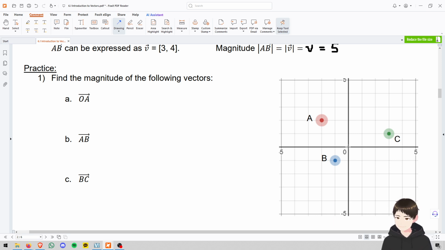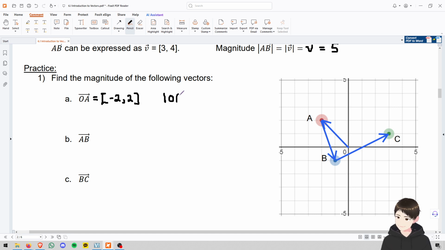Okay, once again, assuming that you have paused and you tried it, this is O with A, this is A with B, and that is B with C. I'm going everywhere here, okay? But in fact, since I am looking for the magnitude, I really don't care about the direction, okay? OA is, let's see, [-2, 2].